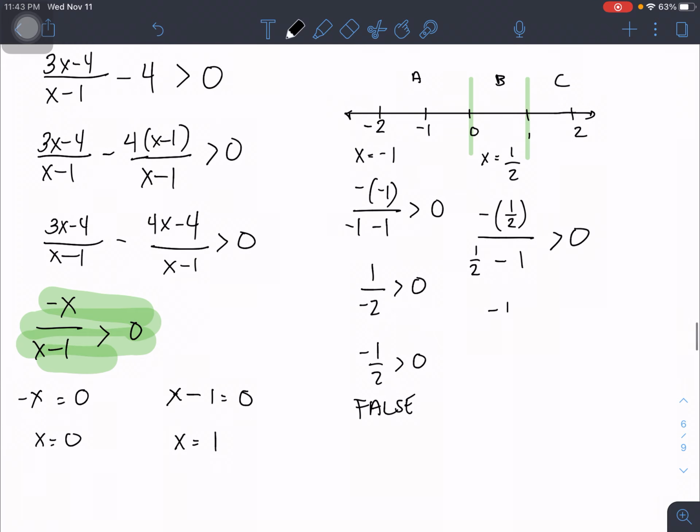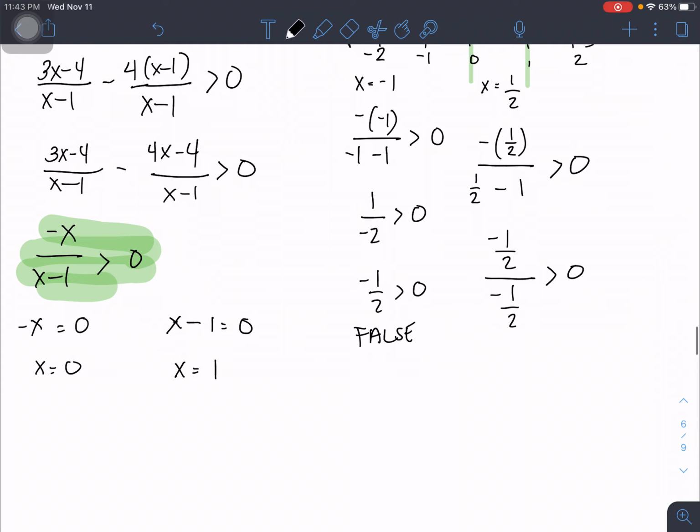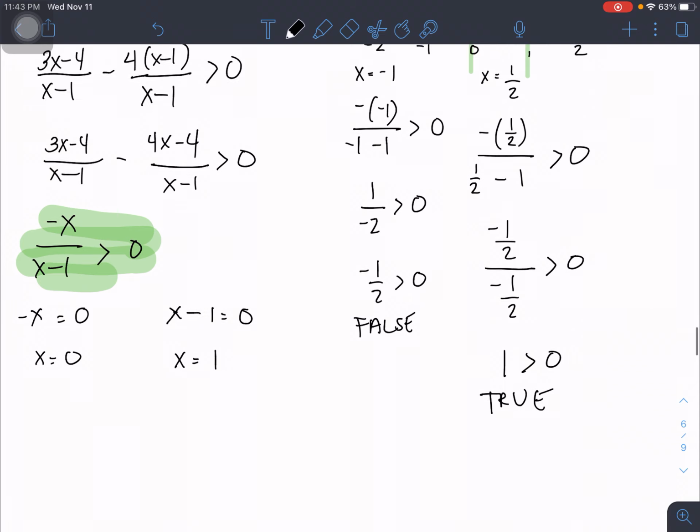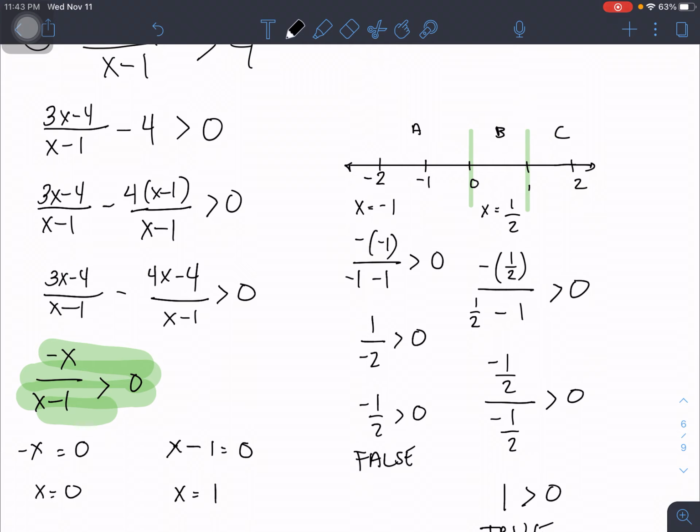So this will be negative 1 half over 1 half minus 1, which is negative 1 half. So negative 1 half divided by negative 1 half will be equal to positive 1. So 1 is greater than 0, so this argument is true. So I think we will be having an interval lying on the B region.